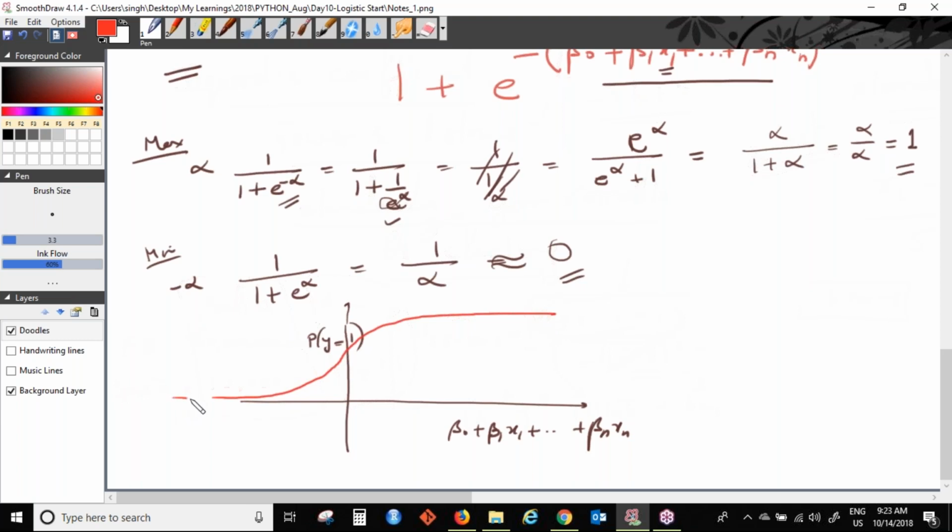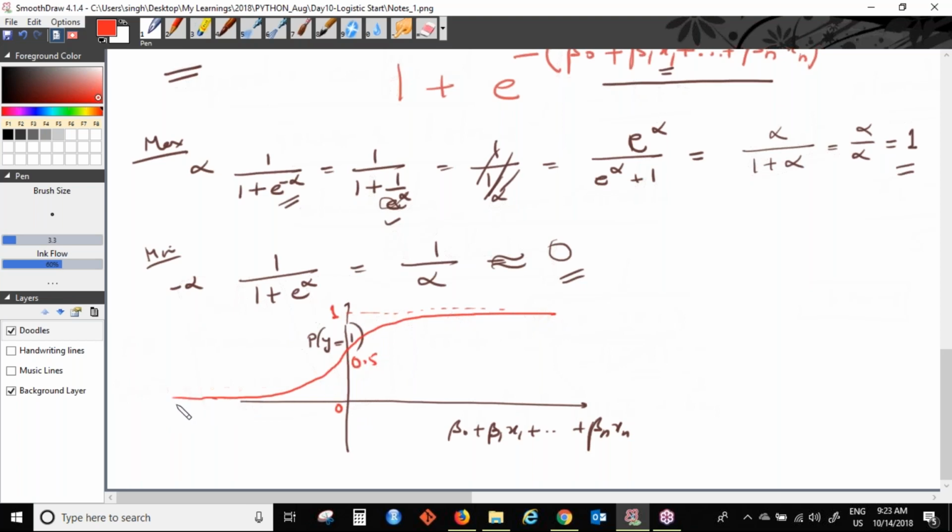This point is 0.5 and this is your 1, this is obviously your 0. So you see it always lies between 0 and 1.